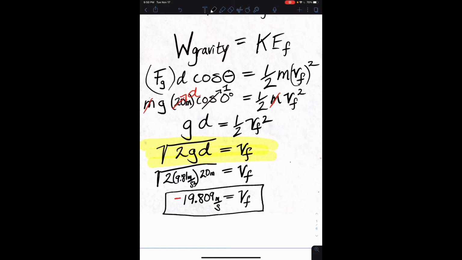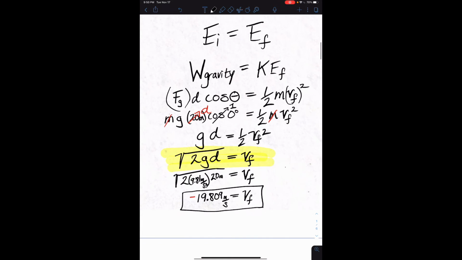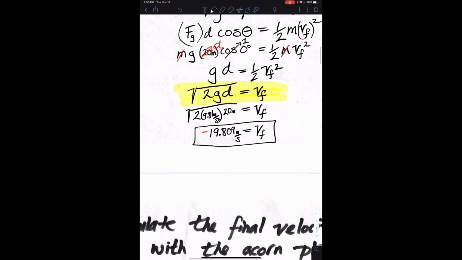So you have to go ahead and pick the correct one for the problem, which is the negative one. Negative 19.809 squared is equal to 2GD, and positive 19.809 squared is equal to 2GD. So you have to pick the correct one.